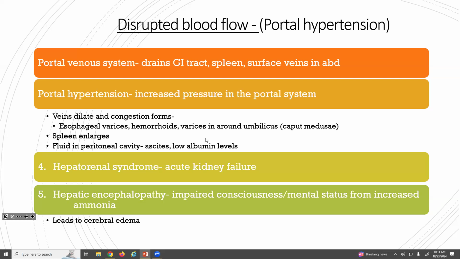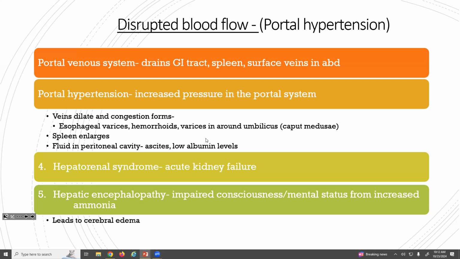Portal hypertension is where we have that increased pressure within the portal system, and I have a picture of that too. Okay, but what happens is your veins begin to dilate and there's congestion, okay, because of that increased pressure. So if we have pressure on the venous system, is it going to be able to pump effectively, or is blood going to be able to move how we need it to? No. So then we're also going to see the spleen start to enlarge.